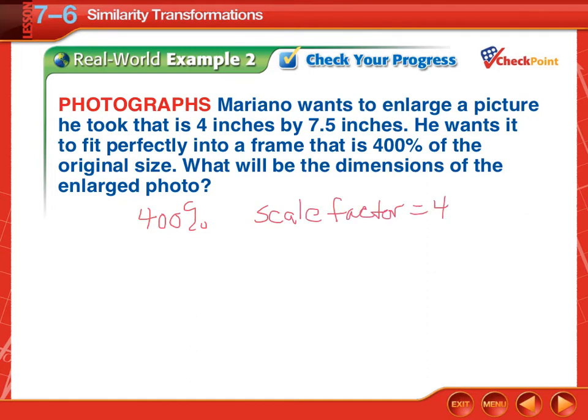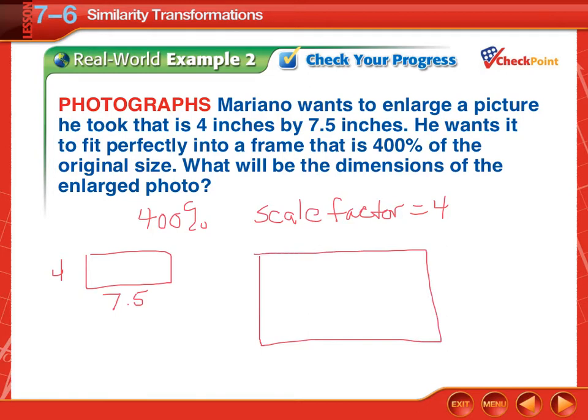So we would just take that scale factor, I'm just sketching here, if we have 4 by 7.5, we're going to multiply that out, and clearly this does not look proportional. We're going to end up with 16, 4 times 4 is 16, and 7.5 times 4 is going to give us 30, and in both cases these will be inches.